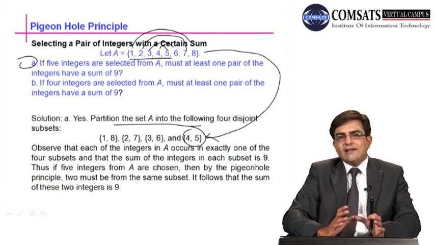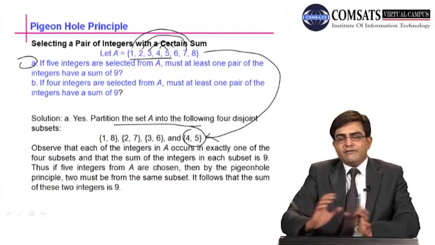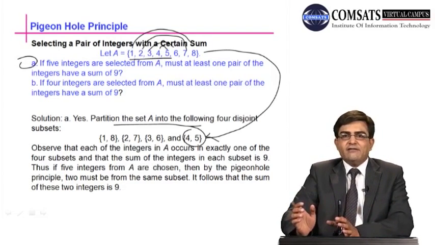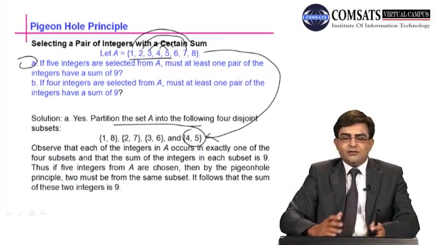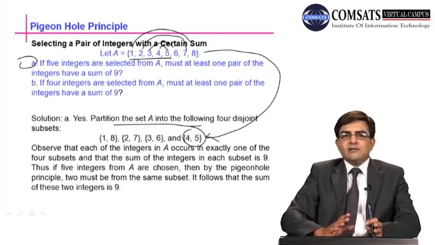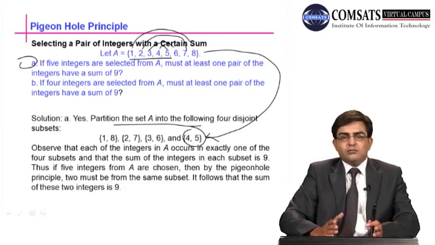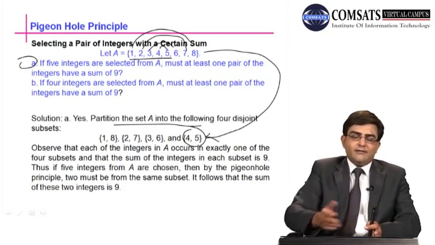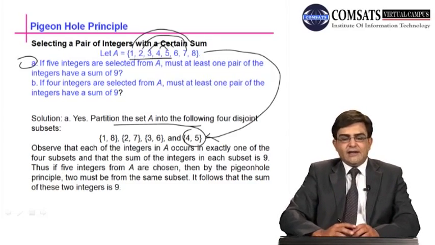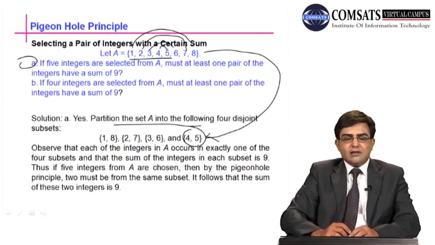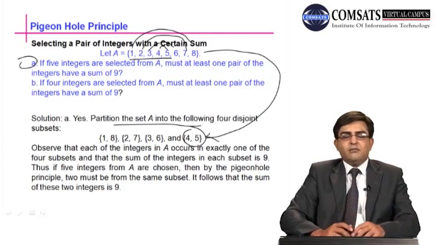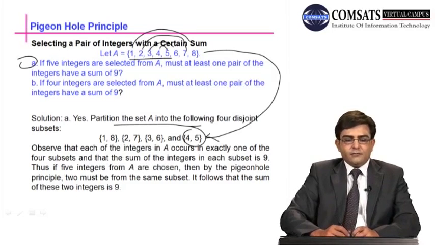The domain set has 5 elements and the codomain set has 4 elements. So by the pigeonhole principle, 2 must belong to the same set, and if 2 belong to the same set, for example 4 and 5, then the sum of 4 and 5 is 9. So the answer to the first part A is yes, there must be at least one pair of integers which have a sum of 9.